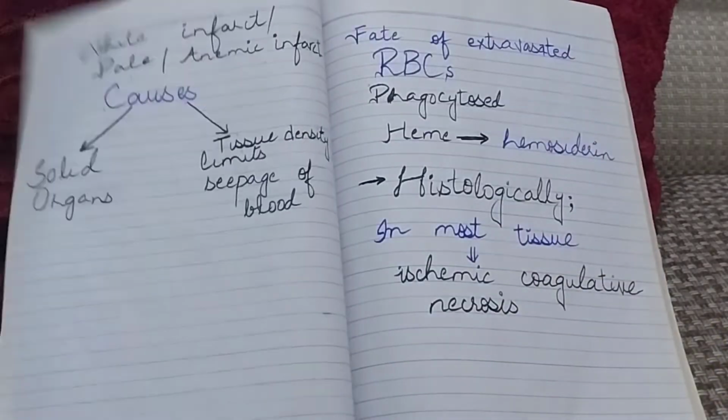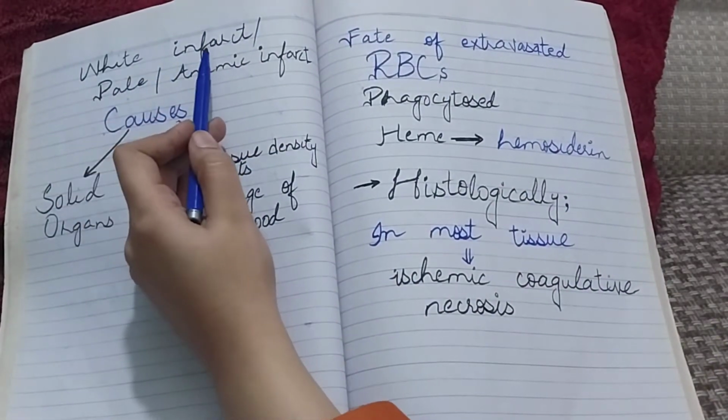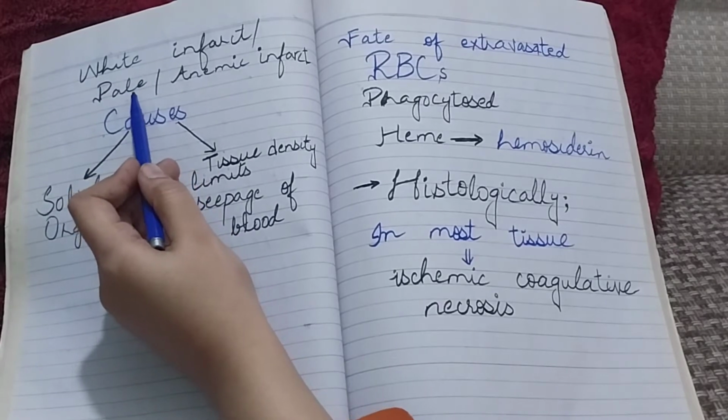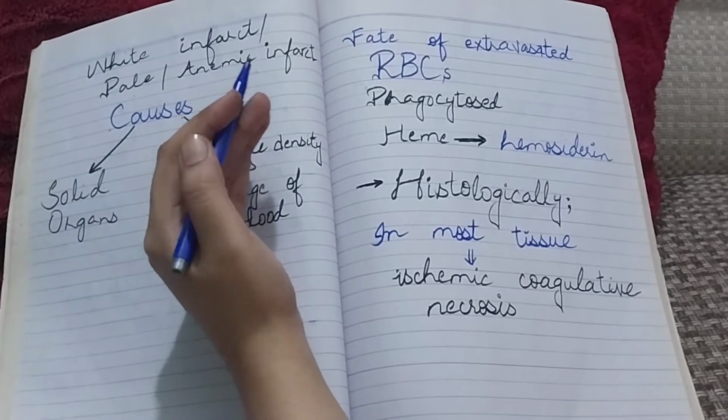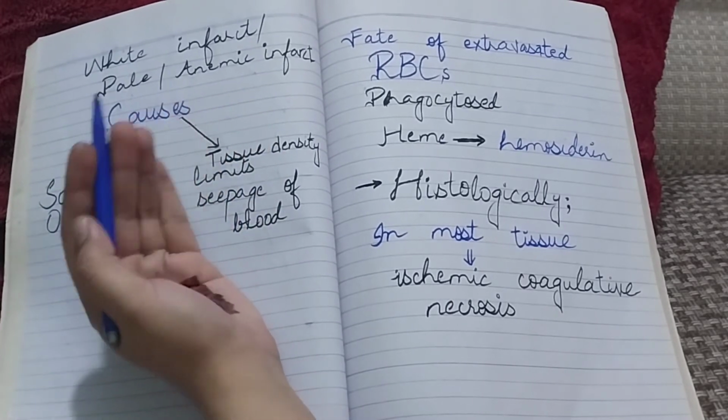Next, we have white infarct, which is also known as pale or anemic infarct. Like red infarct, we will see where white infarcts occur.